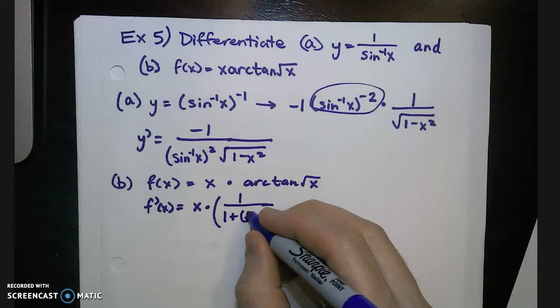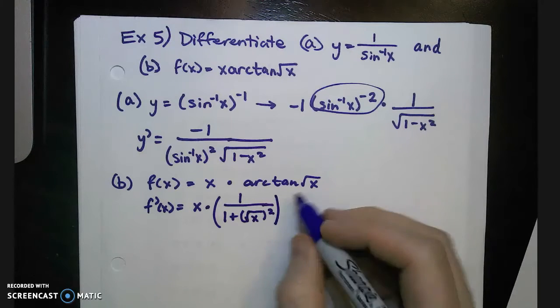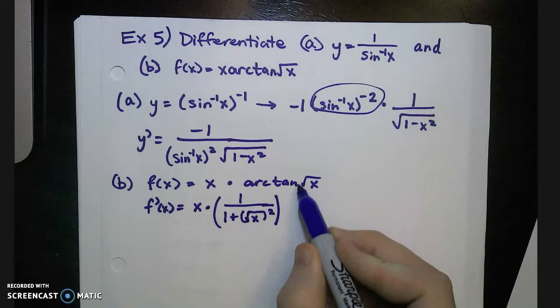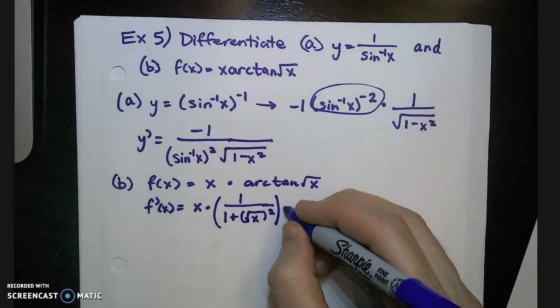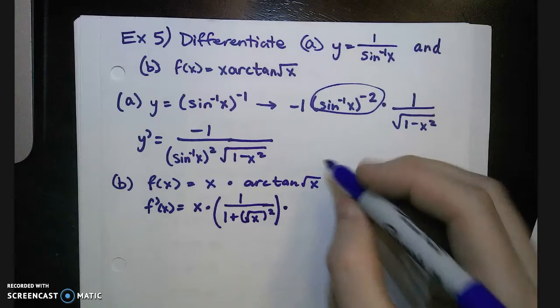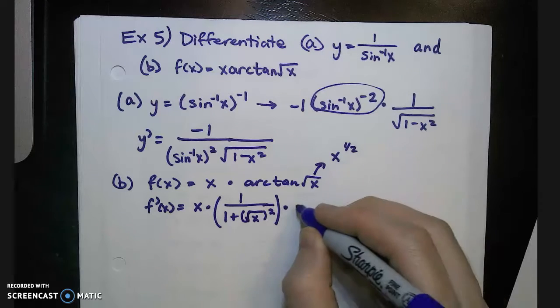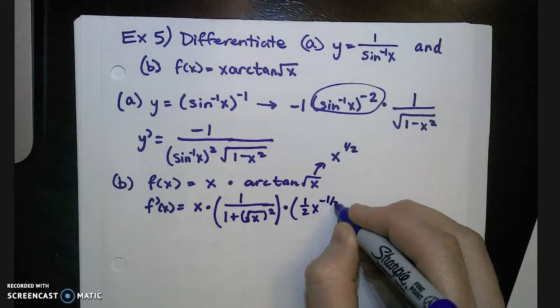So it's radical x squared. And so that's derivative of the arctan part. We still have to do derivative of the square root x part. So then we also multiply by, so remember, square root x is the same thing as x to the 1/2. So the derivative would be 1/2 x to the negative 1/2.